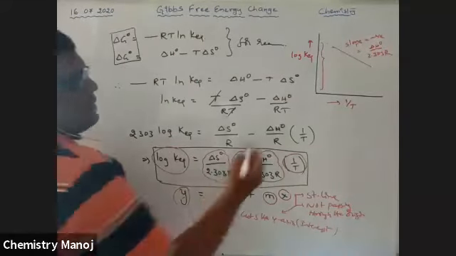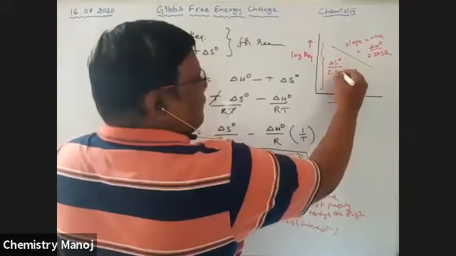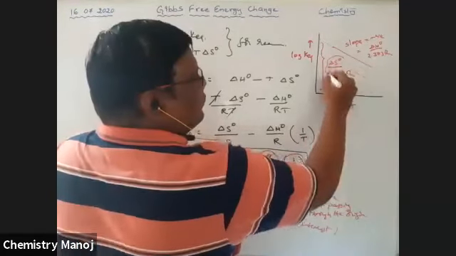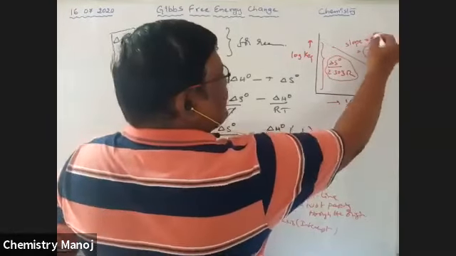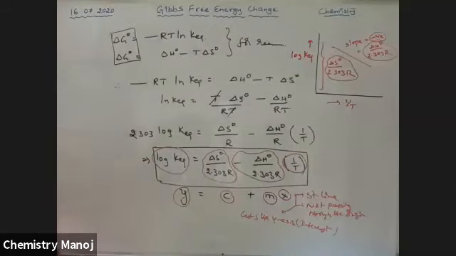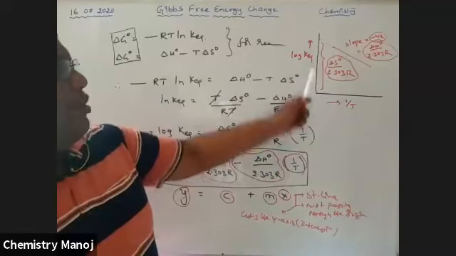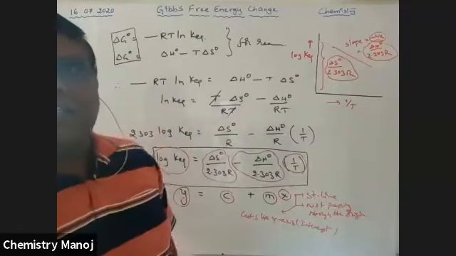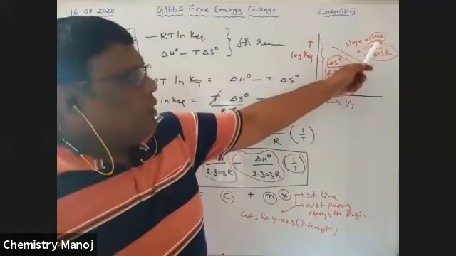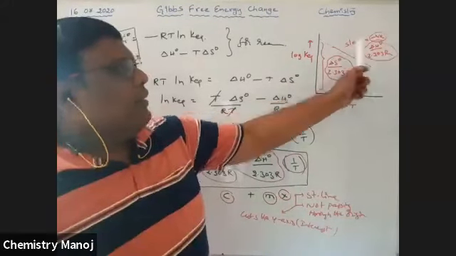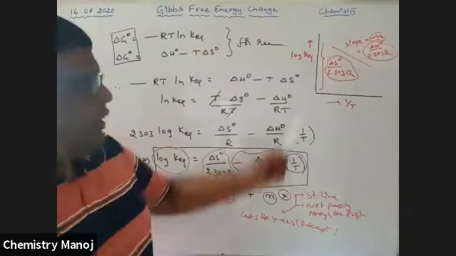That intercept value is equal to delta S naught by 2.303 R. That slope is a negative value. If you draw a graph with log K equilibrium on the y-axis and 1 by T on the x-axis, that gives a straight line with a negative slope. The slope value is equal to delta H by 2.303 R and the intercept value is equal to delta S naught by 2.303 R.